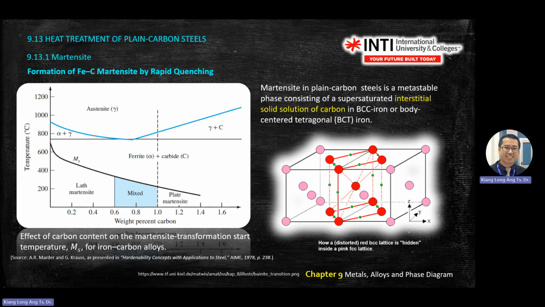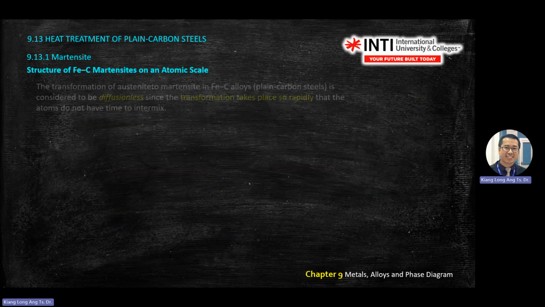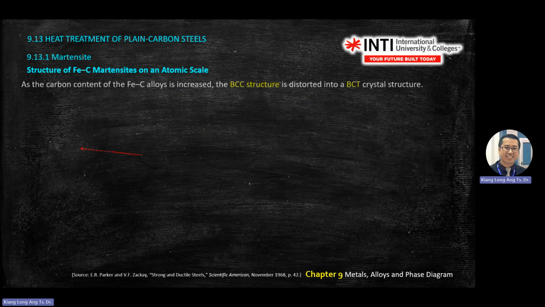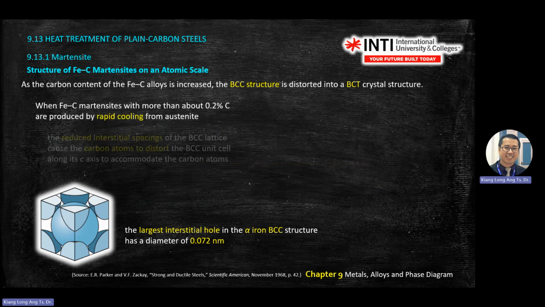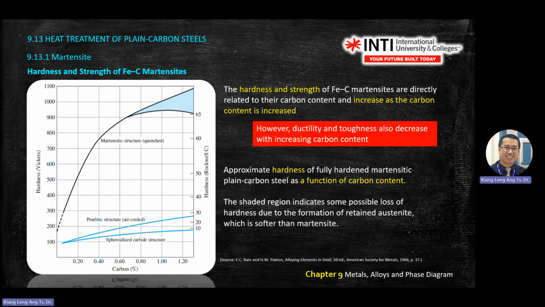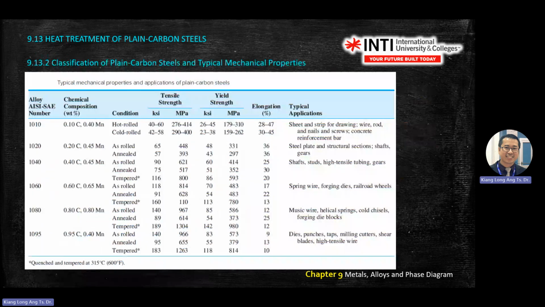So you just read the phase diagram for austenite becoming martensite. This one you read. This one also you read. Hardness, you read. And these are the tables that you can use.